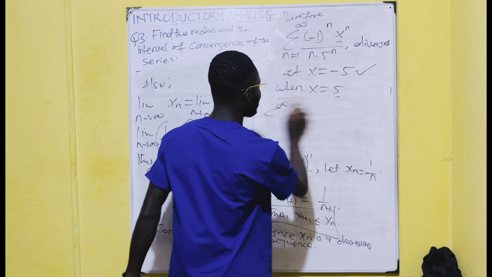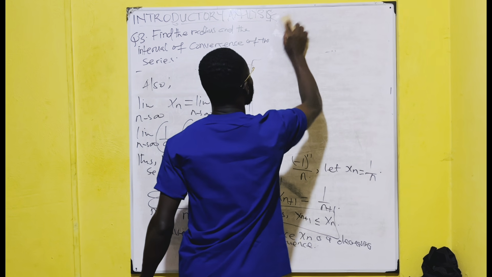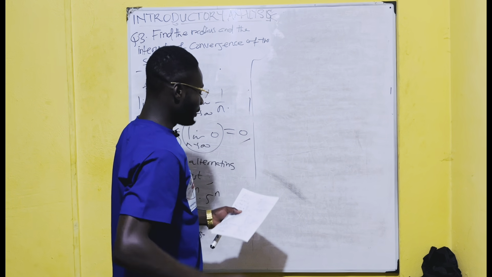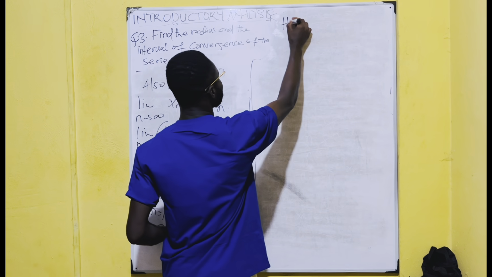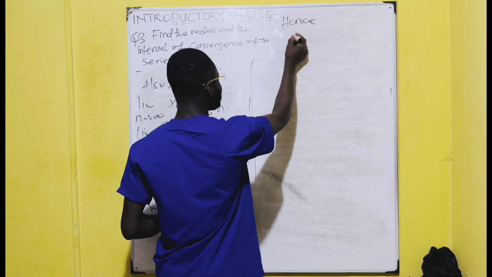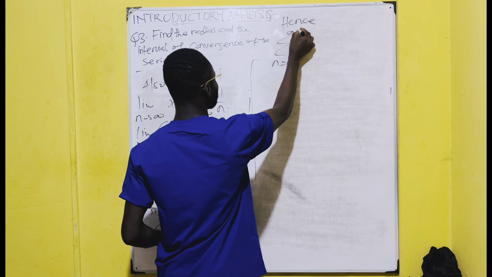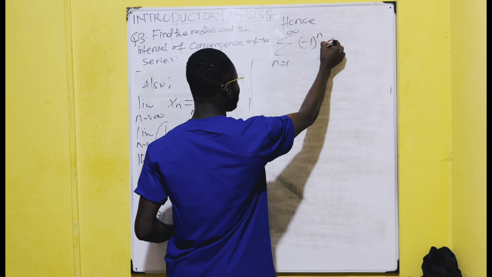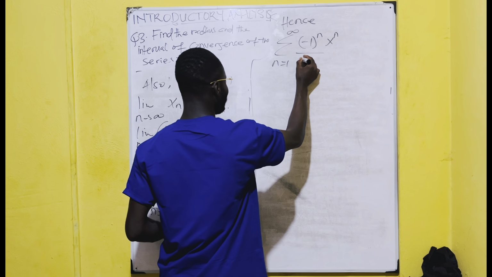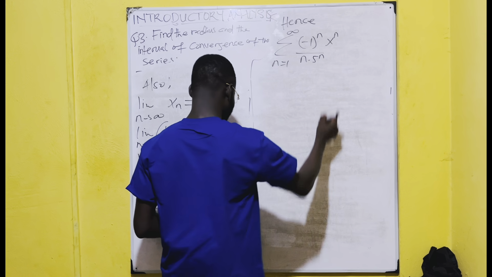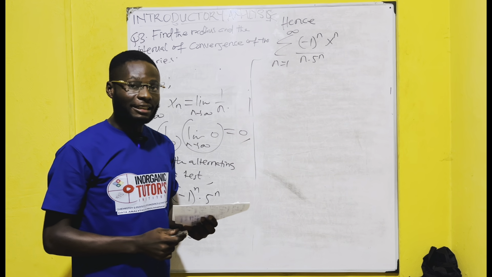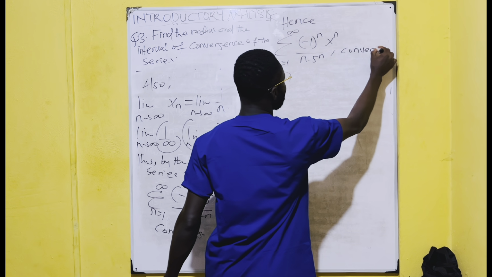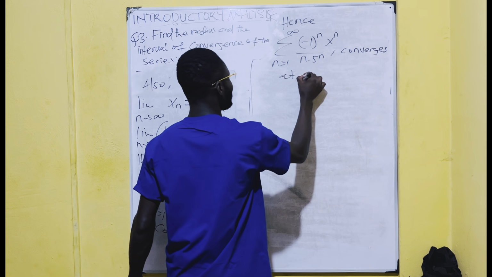So we can say that hence the summation from n equals 1 to infinity of -1 to the power n x to the power n divided by n times 5 to the power n converges at x equals what? 5. Converges at x equals 5.